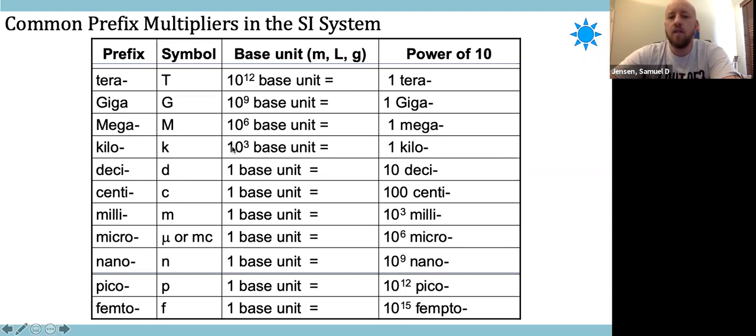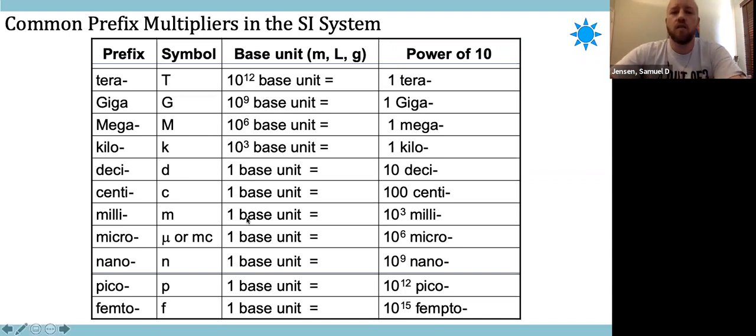And then here, the base unit is no longer the larger unit. Now there are 1,000 meters in 1 kilometer. There are 10 to the 6 meters in 1 megameter. There are 10 to the 9th meters in 1 gigameter. So this is how many of the smaller units make up the larger unit.